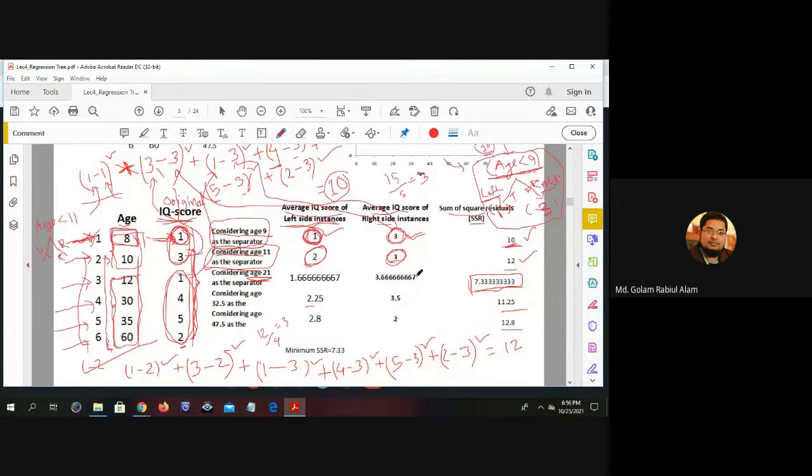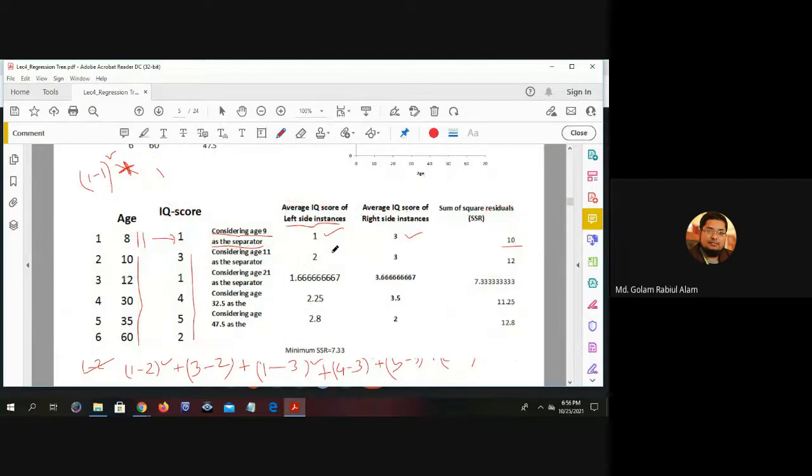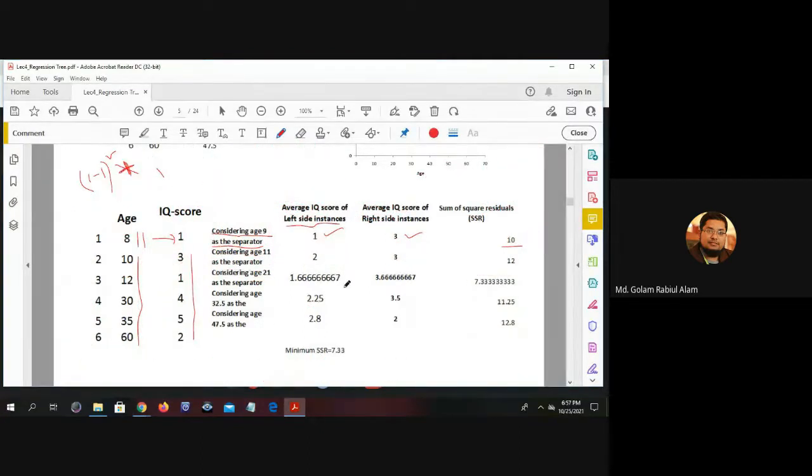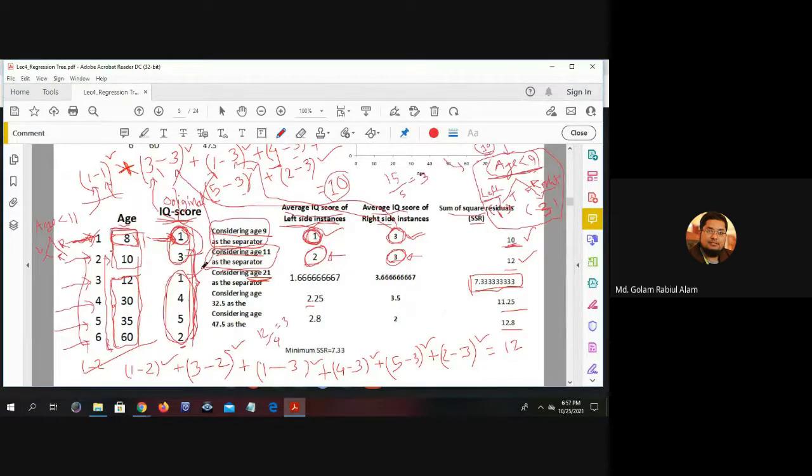Now, what do I have to determine? The same thing, the sum of square residuals. How can I determine the sum of square residuals here? Again, our prediction for left side instances is 2, and for right side instances our prediction is 3. The original IQ scores of the left side instances are 1 and 3.